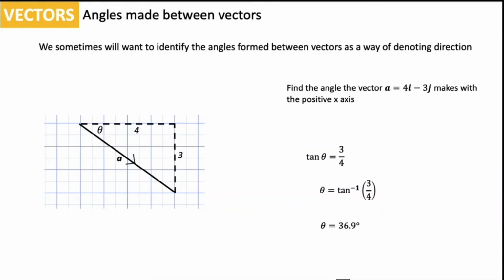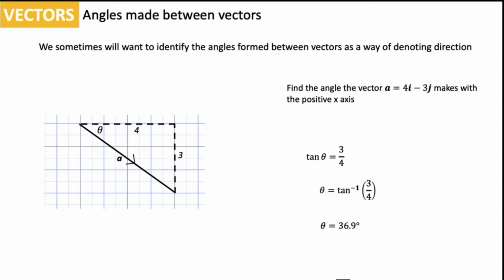Now, there are many vectors that have an angle of 36.9. To be more specific, we either give our answer as a bearing, so the bearing would start measuring from north and go clockwise, so it would be 90 plus 36.9, which would be 106.9. Or we just add a bit more description to what we have.